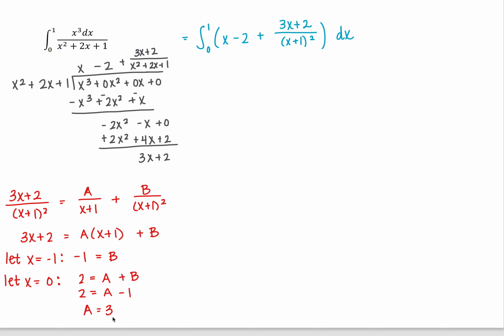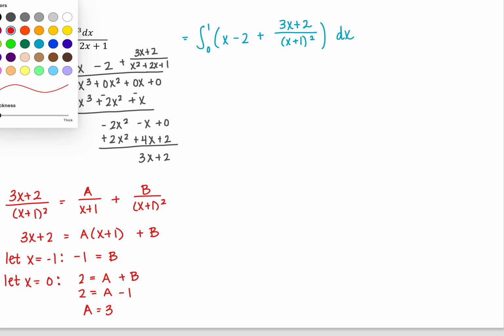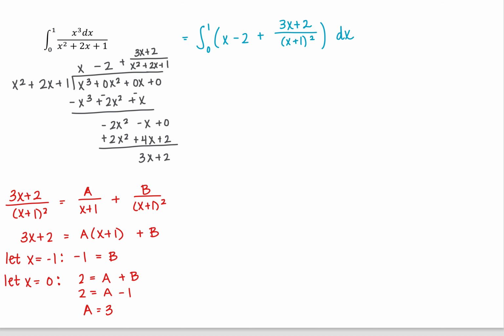So now that I have my values for A and B, I can come back up here and break down the 3x plus 2 over x plus 1 squared into these partial fractions. So I'll go ahead and do that now, and then we can integrate the whole thing.